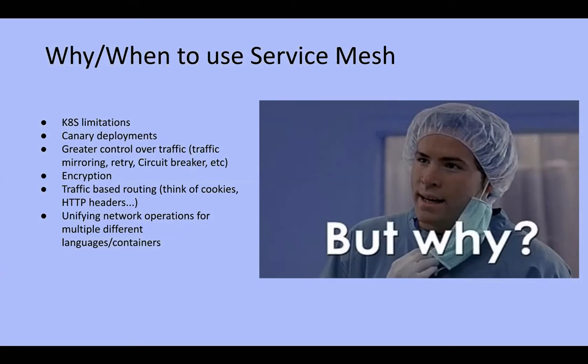Basically, you can instruct service mesh. You have total control over the traffic. So you can instruct service mesh to route X% of the traffic there and X% of the traffic there. So canary deployments are easy, because if you deploy a new version of your microservice, then you just tell service mesh, please route 5% of the traffic to that new application, and then you check how it behaves.